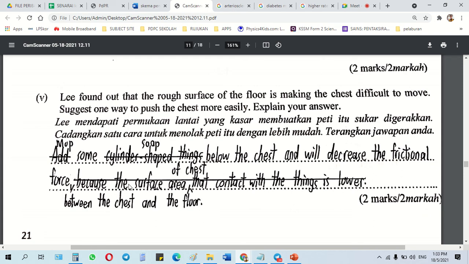So boleh gunakan rollers. Mop some soap below the chest and will decrease the frictional of the chest. Okay. Ni pun boleh terima lah. So kena bagi tahu apa-apa saja yang boleh reduce dia punya frictional force. So ni pun betul. So 2 marks.